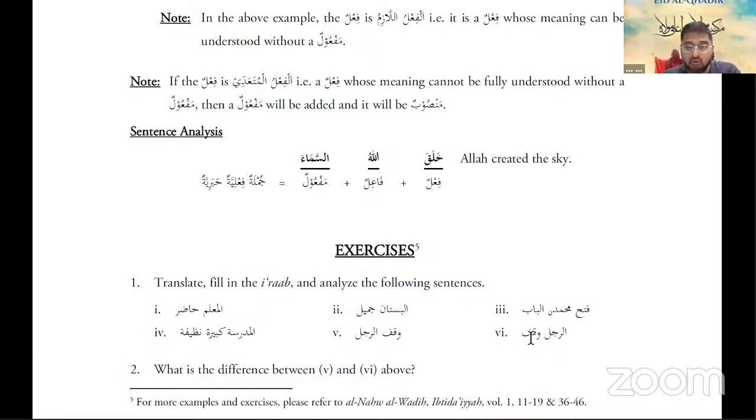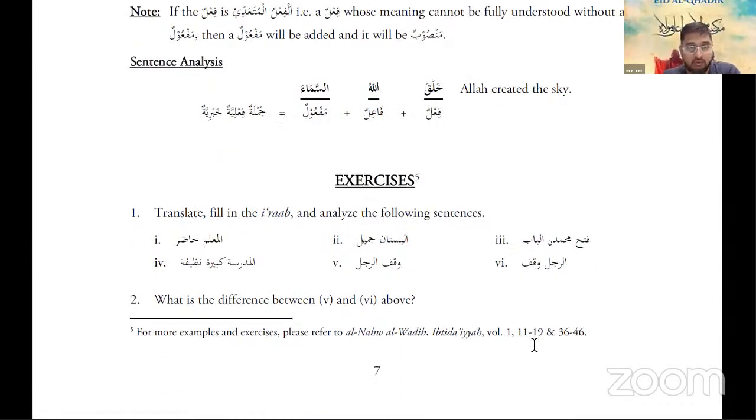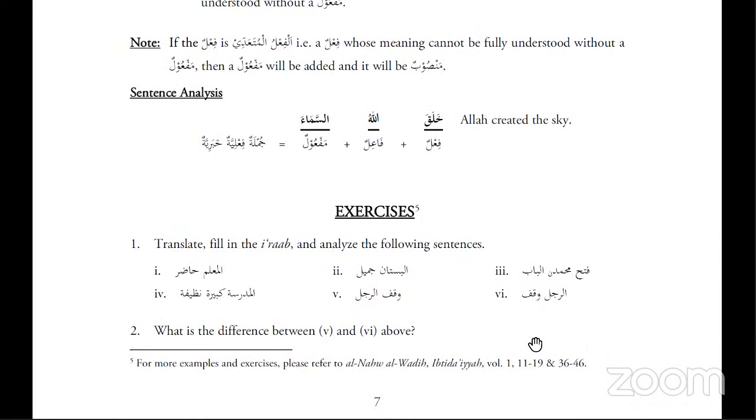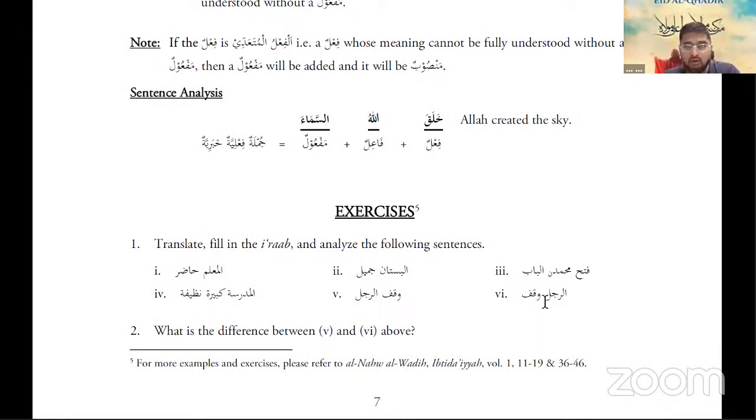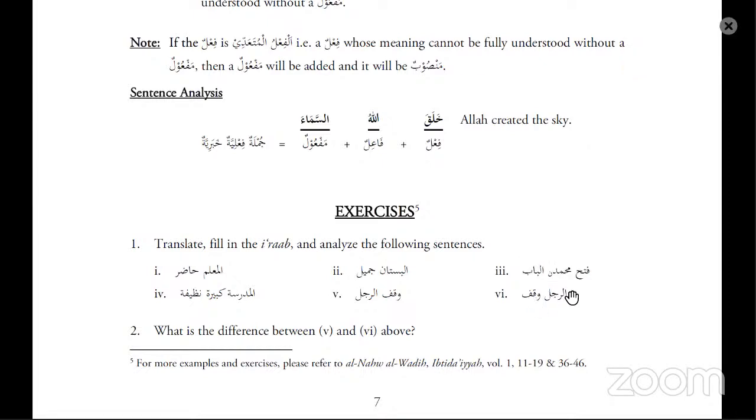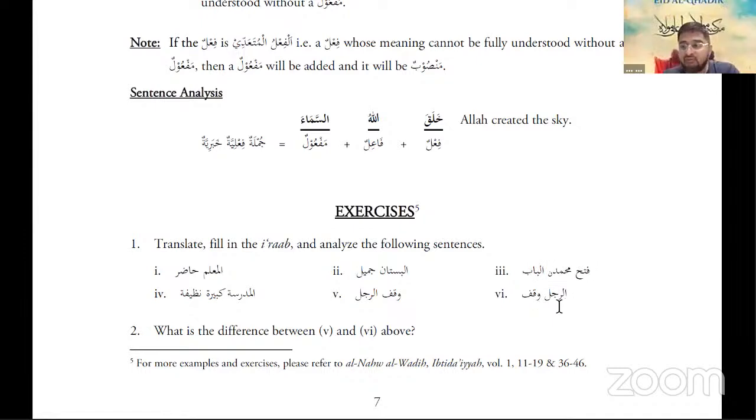So ar-rajulu waqafa starts with a damma and a noun. Here ar-rajulu is the mubtada, waqafa is the khabar, and it is a verbal sentence as well. Again subject and predicate. Waqafa again is a verb. The difference is that when the doer of the verb comes before it, there is more emphasis on who has done the action.